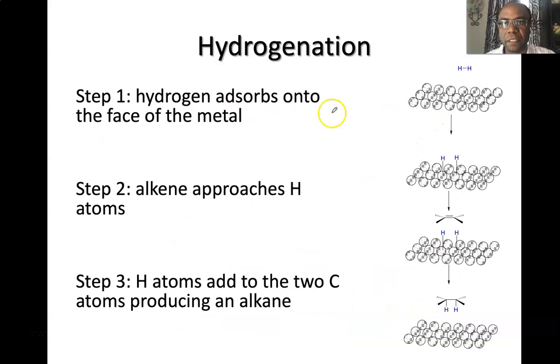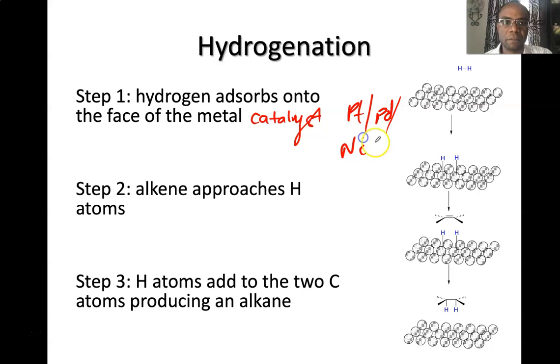So how does it happen? The first step is hydrogen absorbs onto the surface of the metal catalyst. Remember I said the metal catalyst could be platinum, palladium. For myself, I prefer nickel. Nickel and palladium, those are my two best. I've never used platinum. So the hydrogen, the H2, adds onto the metal surface.